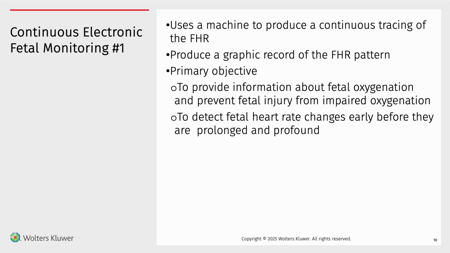Continuous electronic fetal monitoring generates a graphic record of the fetal heart rate pattern over time. The primary objective of this monitoring is that it provides information about fetal oxygenation, prevents fetal injury due to impaired oxygenation, and detects fetal heart rate changes early before they become prolonged or severe.